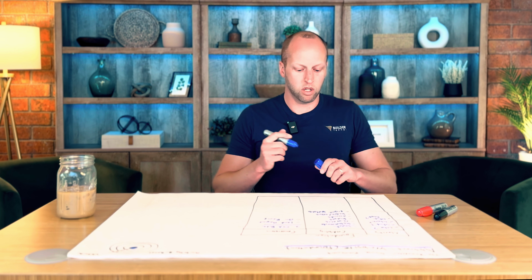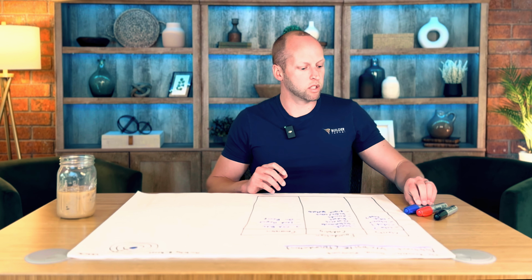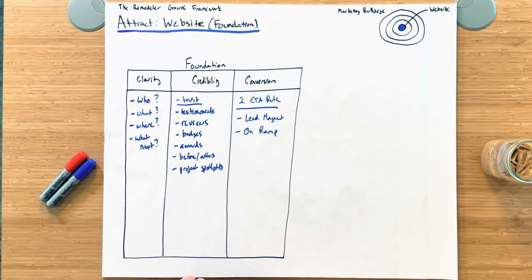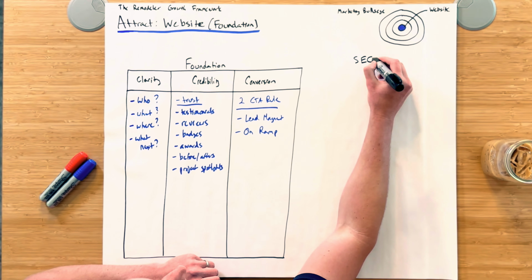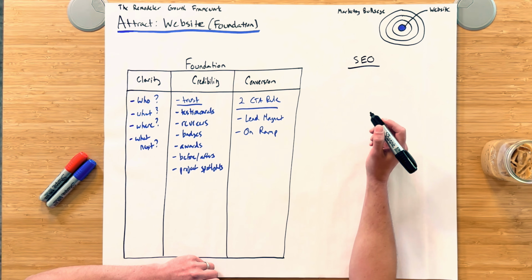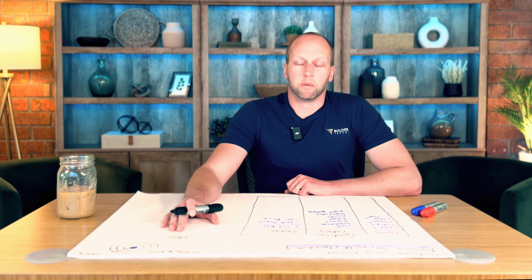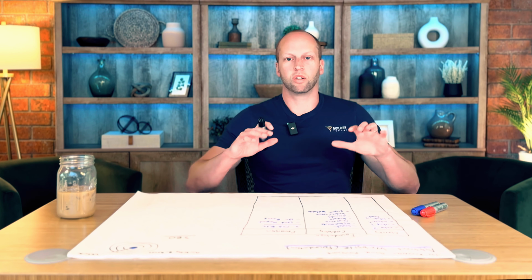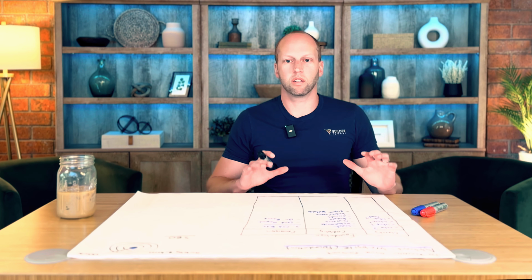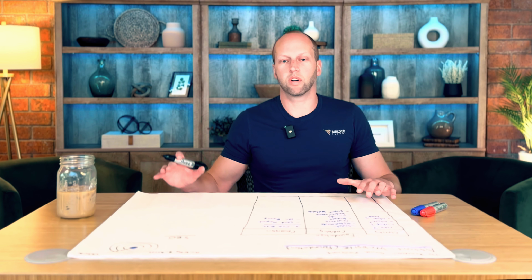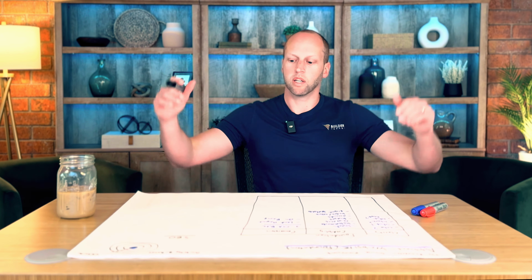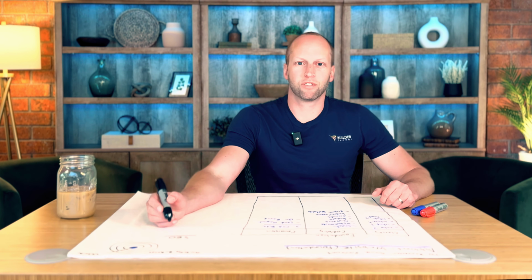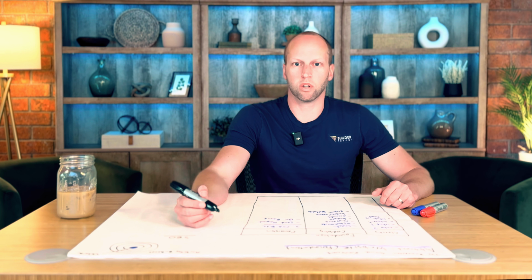But we have a couple more important components that we need to make sure that we're covering as we go through our website. And so the first one is SEO, or search engine optimization. Search engine optimization is all about doing the things that we can on our website or off of our website in an effort to get us to show up higher on Google. It's literally optimizing for search engines, of which Google is the primary one.